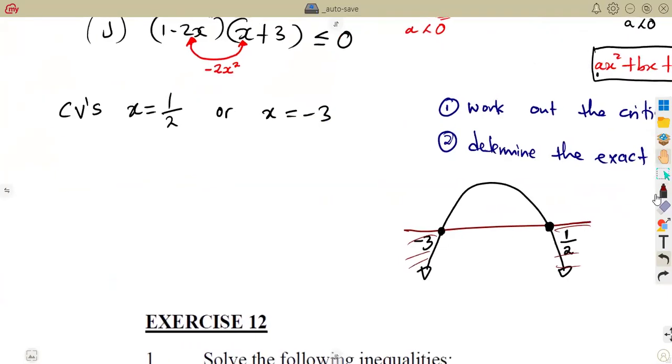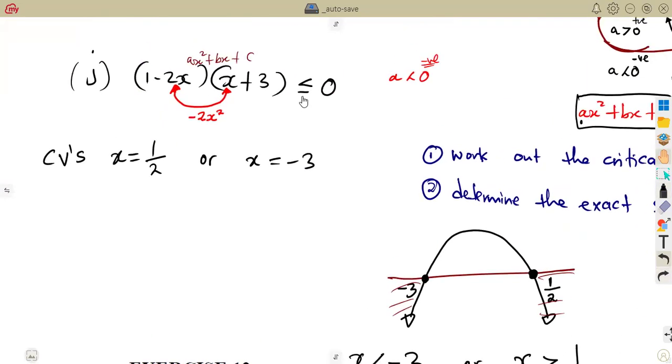So according to these solutions, we can say our x, compared to minus 3, these values minus 4, minus 5, minus 6, they are less than minus 3. So x will be less than or equal to minus 3, or x is greater than or equal to a half, these going to 1, 2, 3, 4, and so on. They are bigger than.